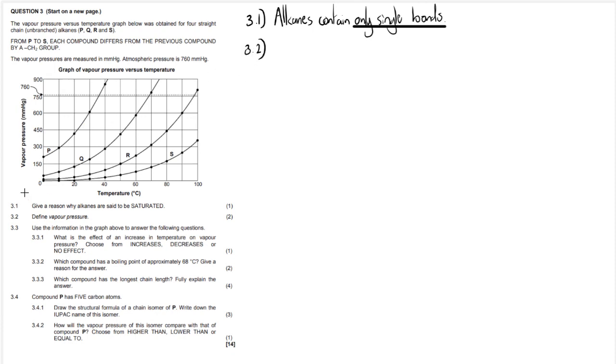3.2, define vapor pressure. Now the vapor pressure, as we know quite readily from previous years, is the pressure exerted by vapor in equilibrium with its liquid.